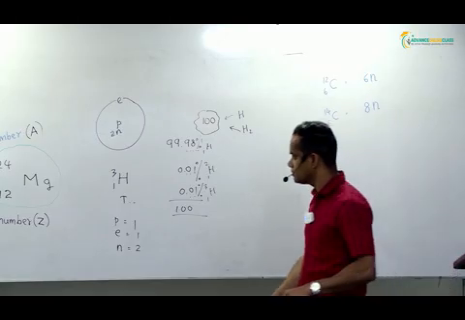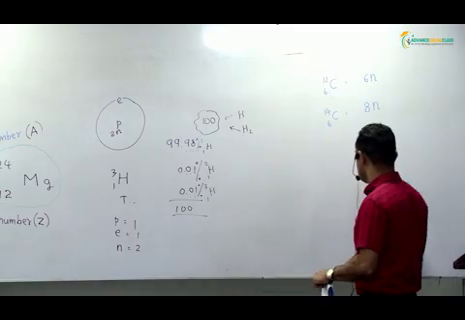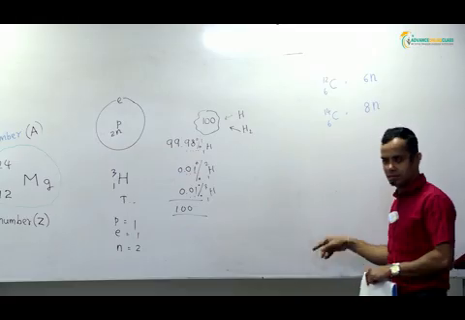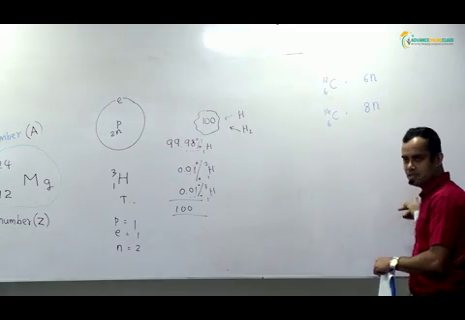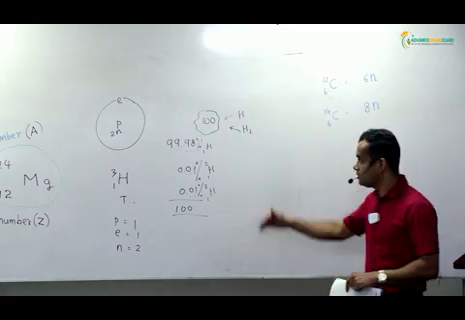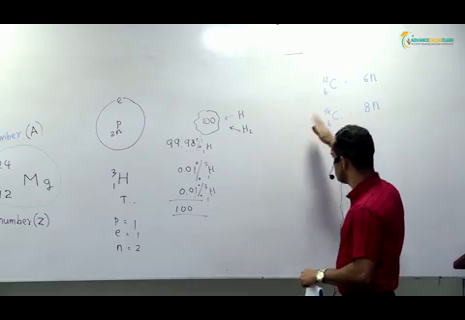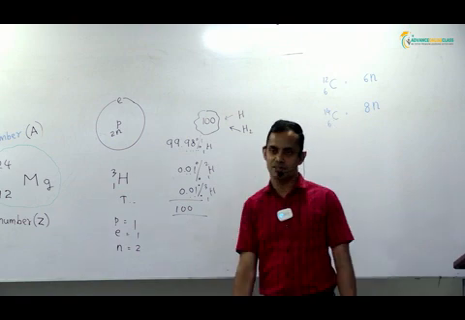They will ask: isotopes are A and B, A and C, B and C, A, B, C. Or tables with protons, electrons, neutrons, this much, this much, this much. We'll ask you to find isotopes.